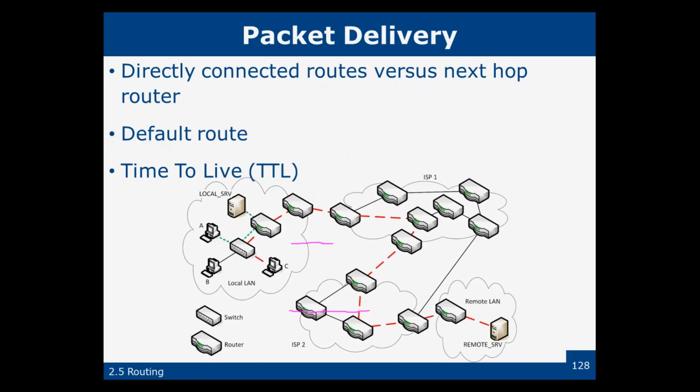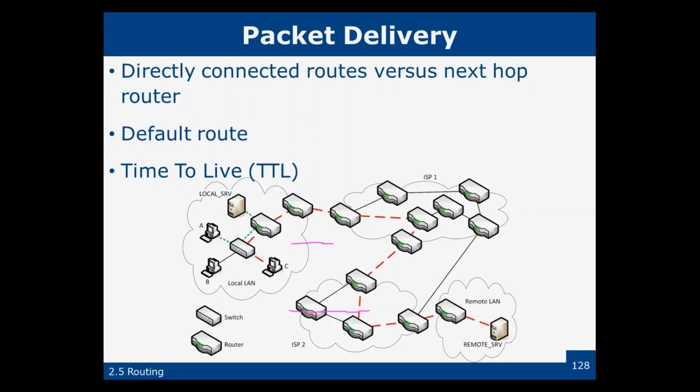When a router starts up, the only thing it knows about is its directly connected interfaces, those networks that are directly connected to it. What the dynamic routing protocols do is advertise to other routers the fact that that's where that particular network resides.